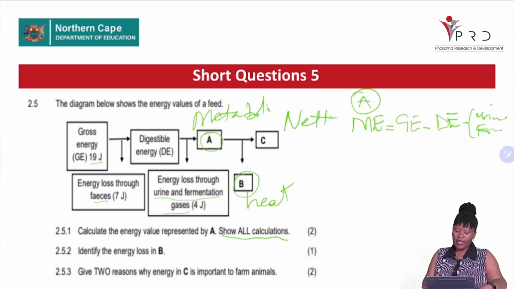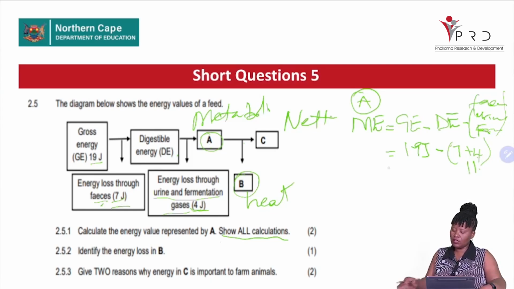Then your gross energy, how much is it? 19 joules, minus your DE. Your DE, remember, you have 7 joules plus your 4 joules. 7 joules that you get from energy through feces, and also urine and fermentation of gases. 7 plus 4, it gives you 11.